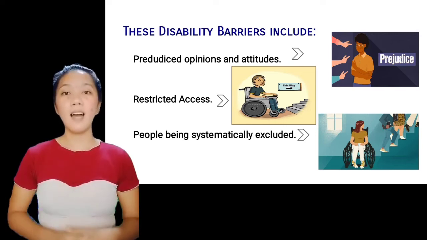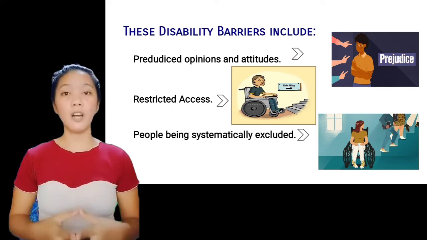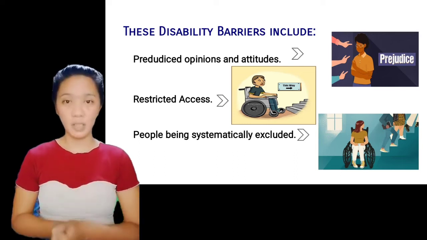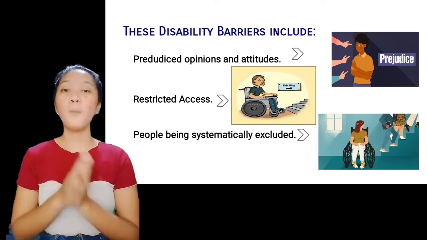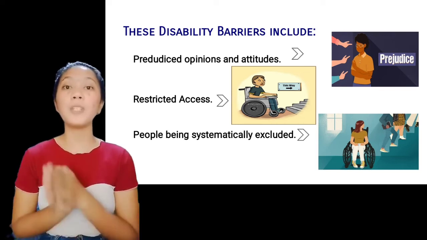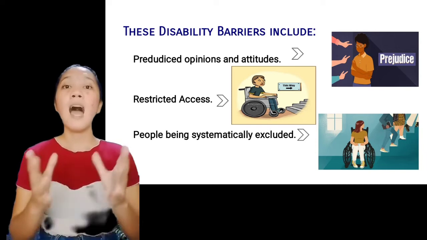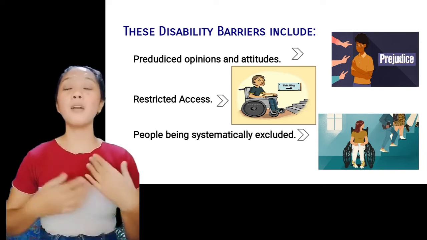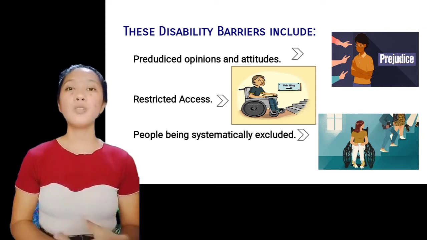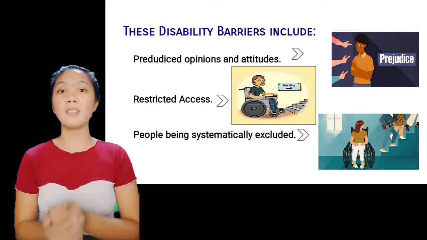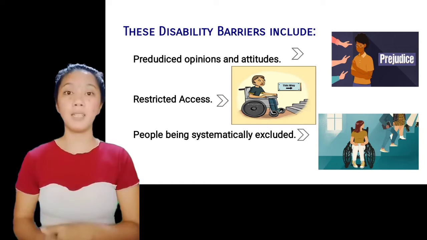These are structural obstacles in natural or man-made environments that prevent or block mobility of people with disability, such as how they move around the environment or how they access the equipment they need for their disability.